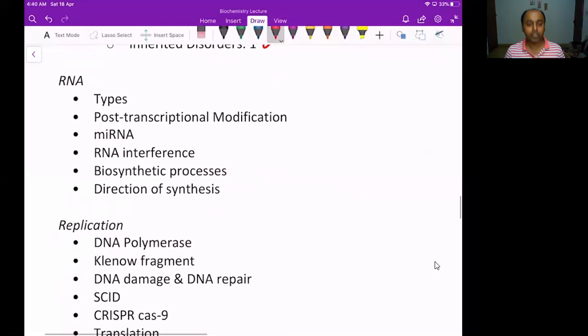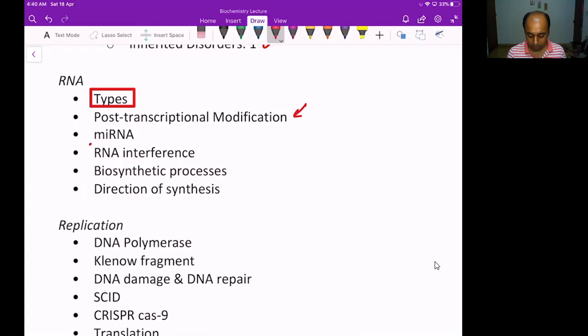Coming to the RNA, multiple questions have been asked from RNA also. As you can see, questions have been asked about the different types of RNA. Question has been asked about the post-transcriptional modification, what you find at the 5' and the 3' ends, particularly in the messenger RNA, even in the tRNA.